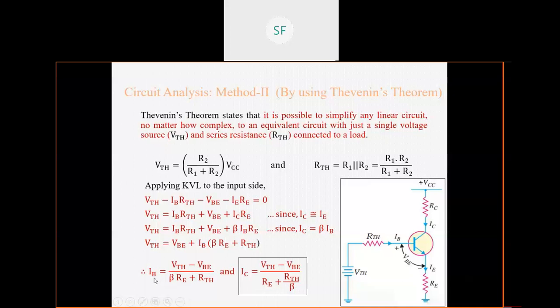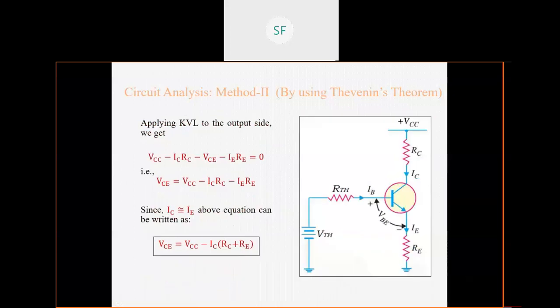From the value of IB, you will also get the value of IC. Similarly, when applying KVL to the output side, this equation will be the same as the VC equation of the earlier method, so there is no change in this.